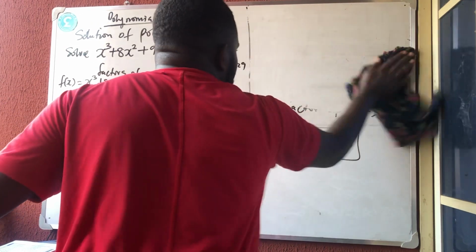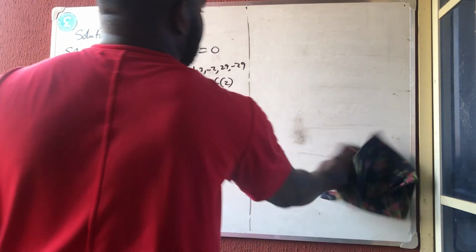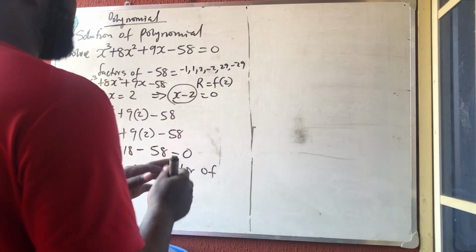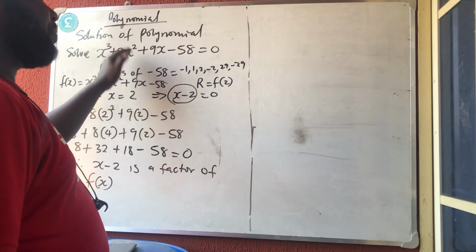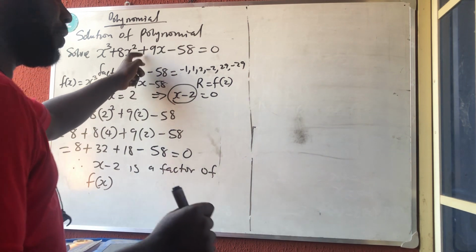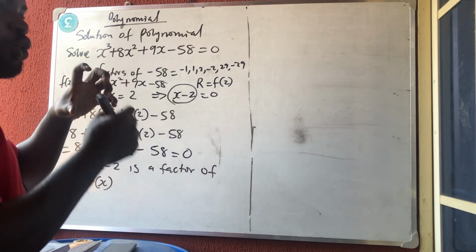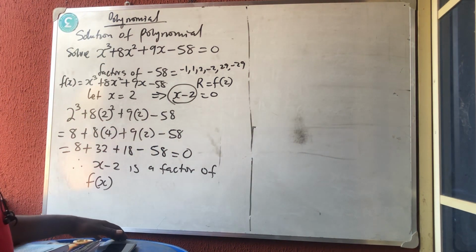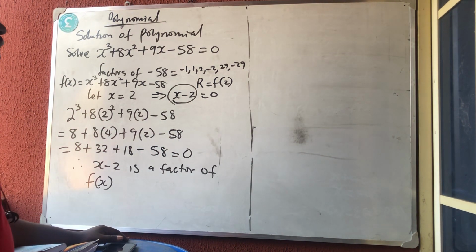Okay? Since I've gotten one factor by trial and error method, what do you do? You now divide, the next step. We have just 3 steps. Get the factor by trial and error method, use that factor to divide the equation. Once you divide, you will get a quadratic equation. Then solve that quadratic equation by the normal factorization method of quadratic equations.